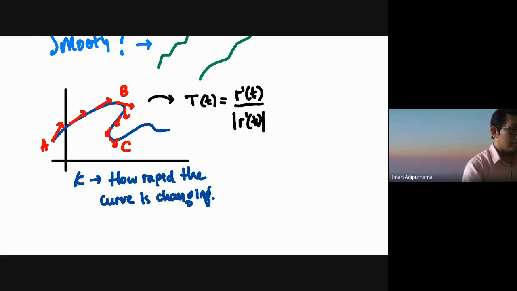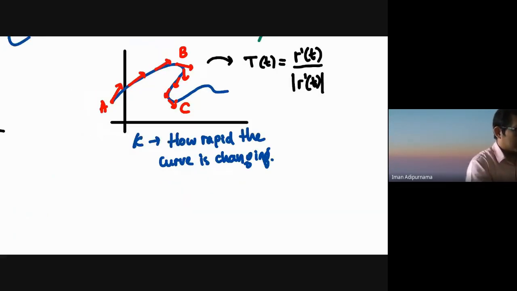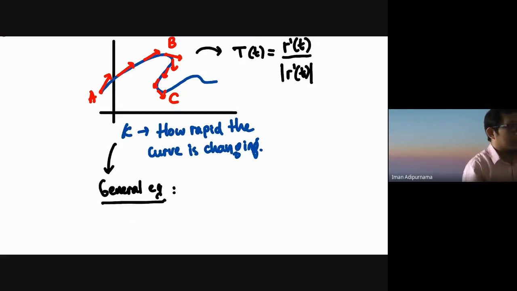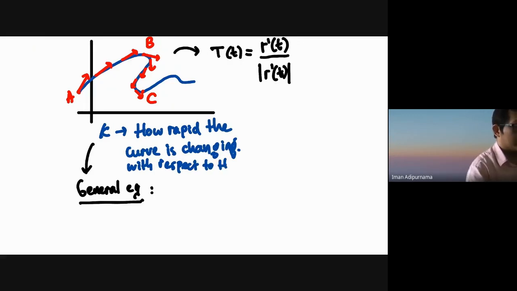Okay. Now let's go to the curvature here, and let me write the general equation, from the general definition. The general equation of the curvature, based on our definition of how rapidly the curve is changing with respect to the length, actually.